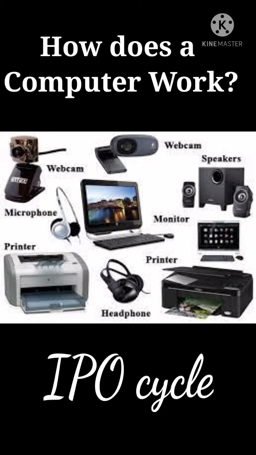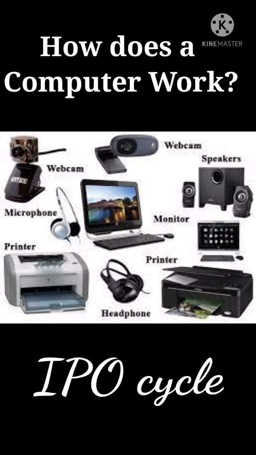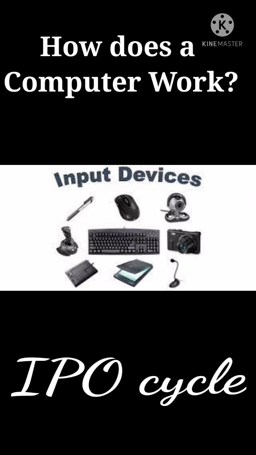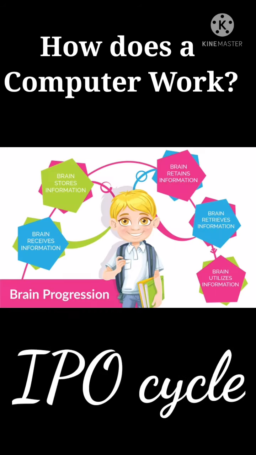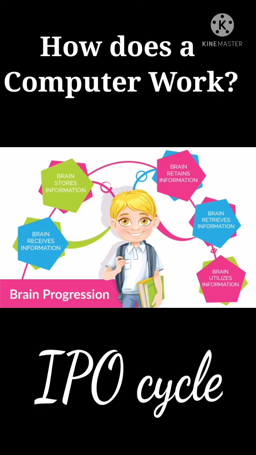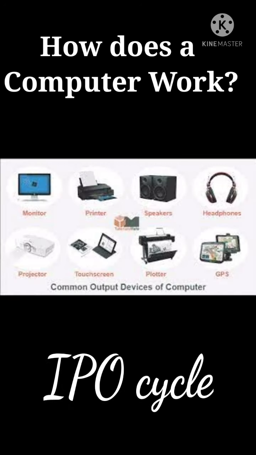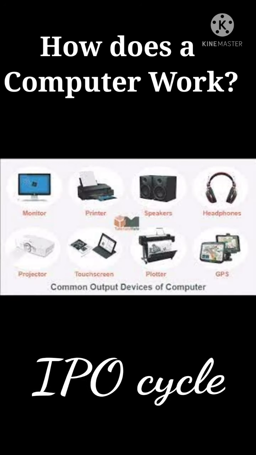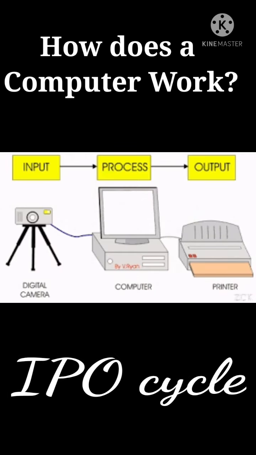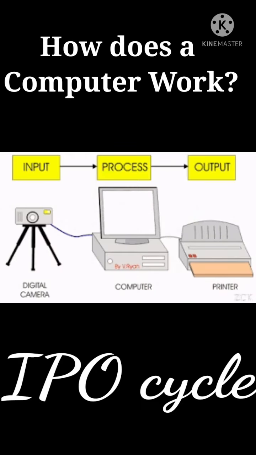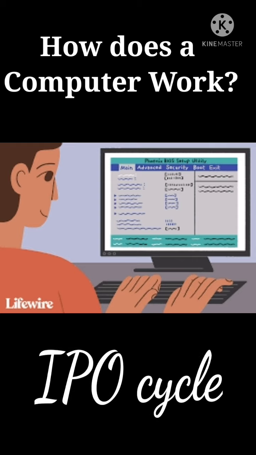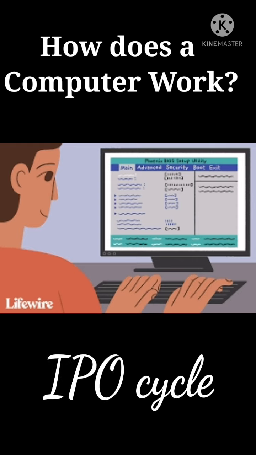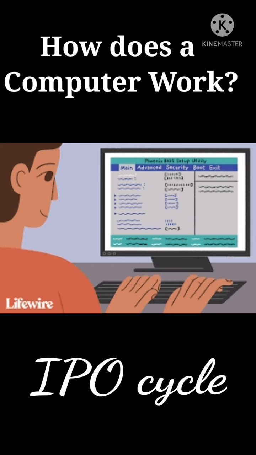Now you have understood how a computer works. A computer does not work on its own. We have to give instructions to the computer. These instructions are called data. The computer and its various parts work on this data and produce output. Thus, a computer follows 3 simple steps: input, processing, output.